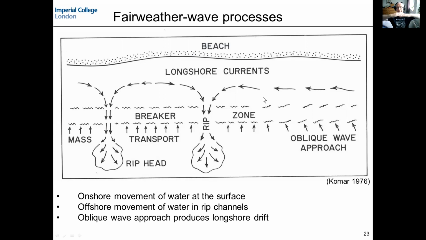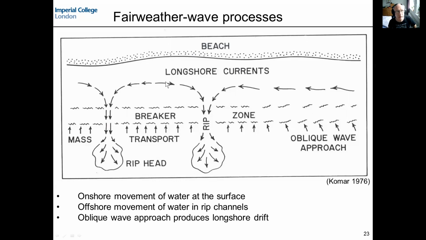The waves are approaching the shoreline head on. When that happens, once the waves break on the foreshore, some of that water gets transported to the sides and we set up these circulation cells. We can't just keep on adding water. It has to escape back to the open ocean again.